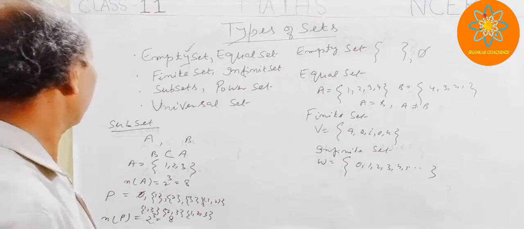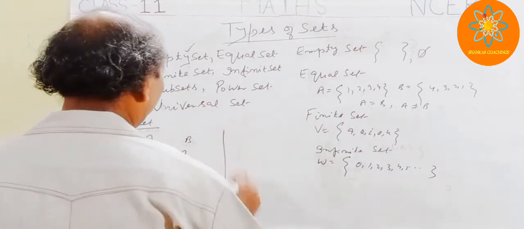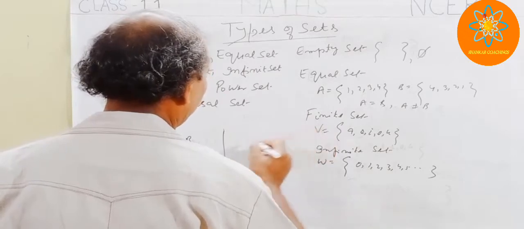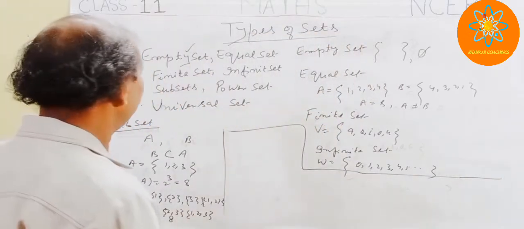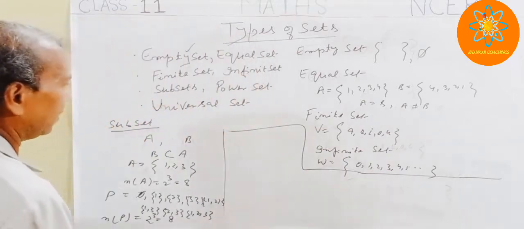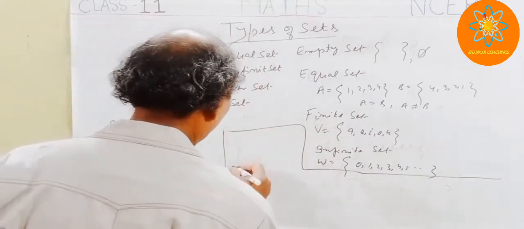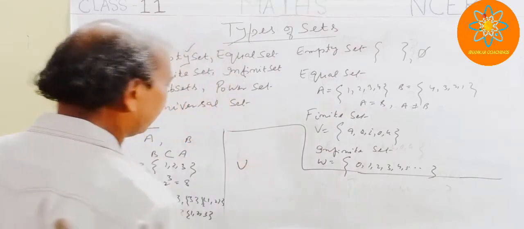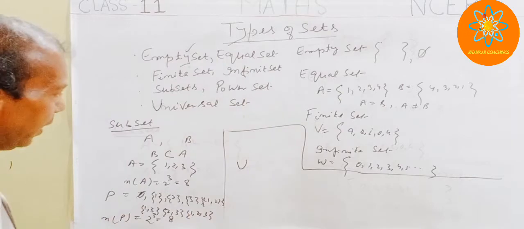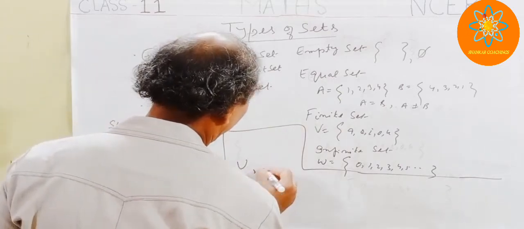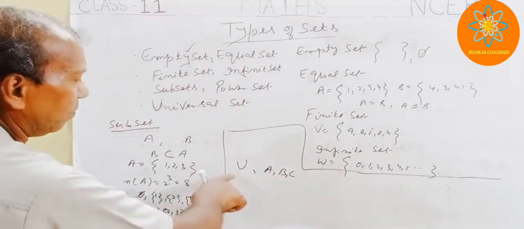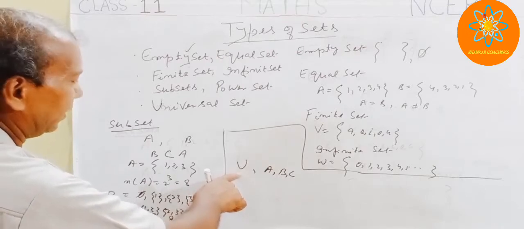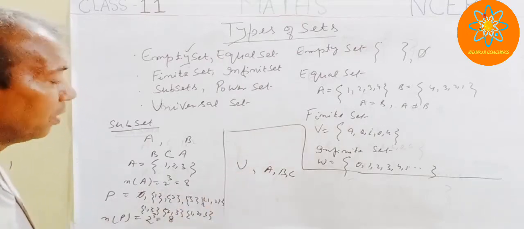Now the last one is the universal set. We want to explain the universal set. For the universal set, let's suppose any set is there. So how to define the universal set? Suppose I am taking sets like A, B, C from this set, then U will be called the universal set.